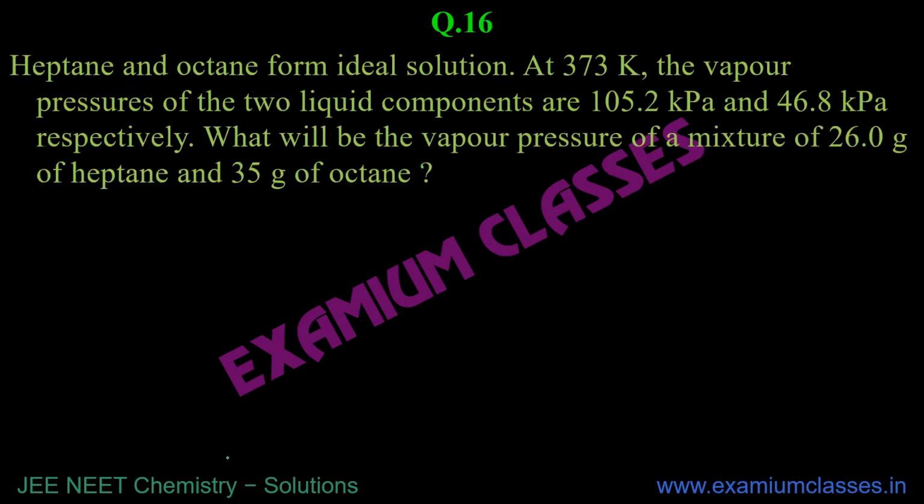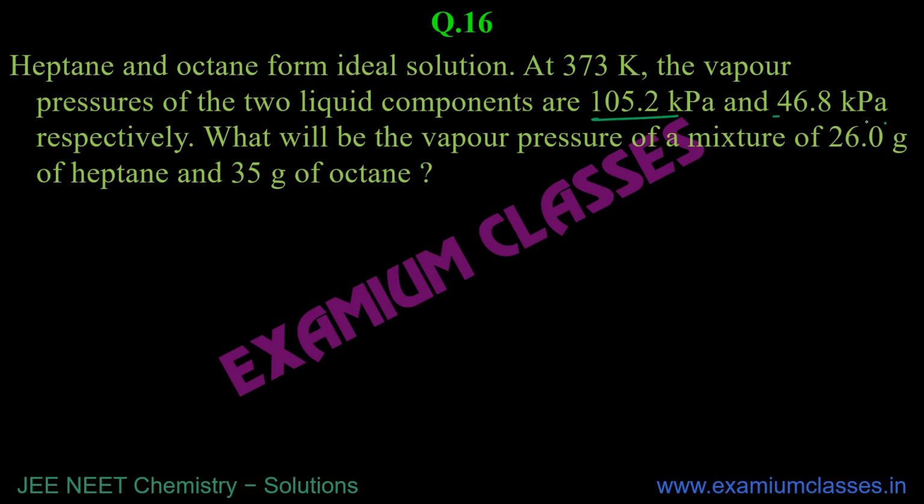Next question. Heptane and octane form ideal solution at 373 Kelvin. The vapor pressures of the two liquid components are given. What will be the vapor pressure of the mixture of 26 grams of heptane and 35 grams of octane? Now remember, we don't talk in terms of grams. Anyway, you will need moles of these, so you will have to calculate moles.